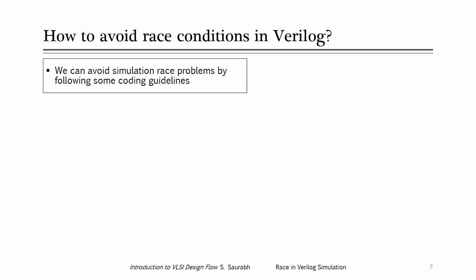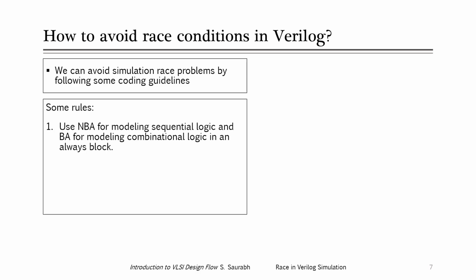There are some ways in which we can avoid race conditions in Verilog. We can use some good coding practices, and there are some guidelines which help us avoid race conditions. For example, we should use non-blocking assignment for modeling sequential circuits and blocking assignment for modeling combinational logic inside an always block.